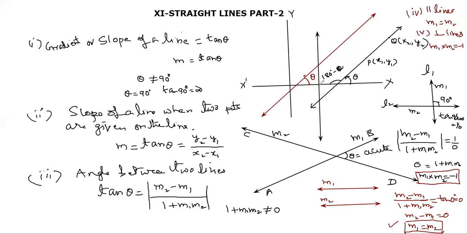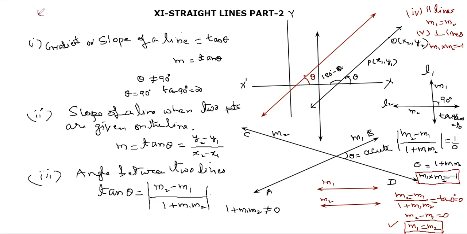So we have seen the conditions of parallelism and perpendicularity of two lines, and the angle between two lines. Now here you can see one more thing, don't get confused.